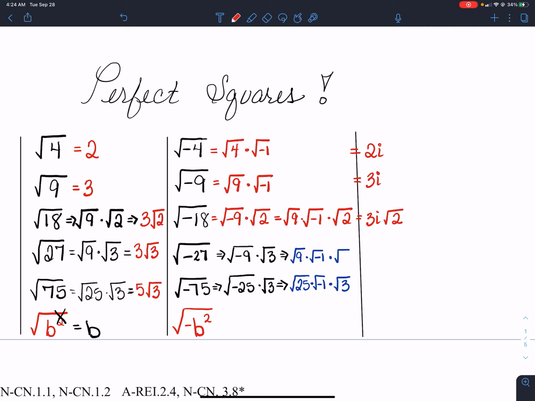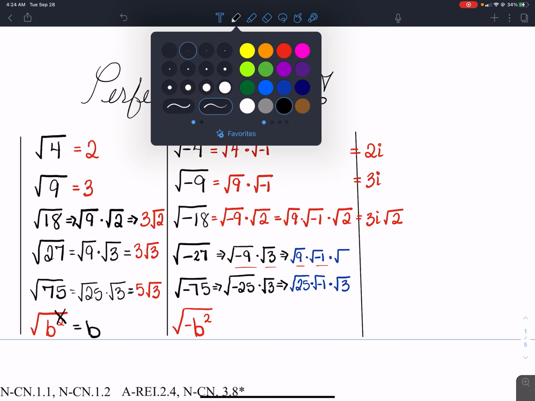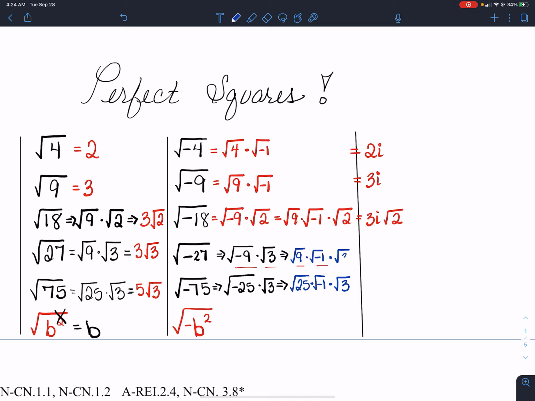Okay, for this next one, negative 27, it can be broken apart into negative 9 times 3. Negative 9 can be broken apart into 9 and negative 1 times radical 3.